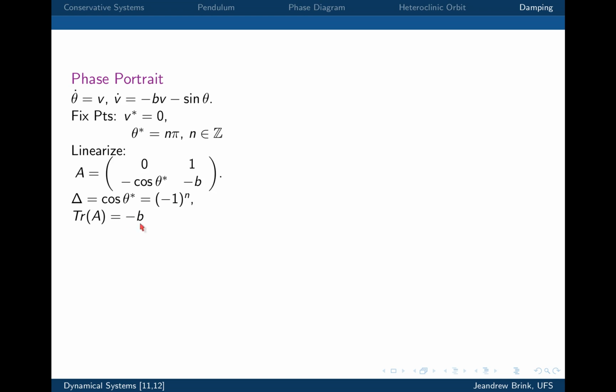Okay, and that trace, because it's negative, immediately tells you that if the determinant is positive, namely that we have centers, the trace is negative, so the amplitude is going to decrease. So I've proved to you that we have spirals, and therefore it's not a conservative system if b is positive.